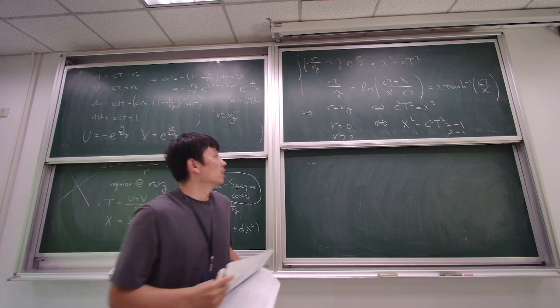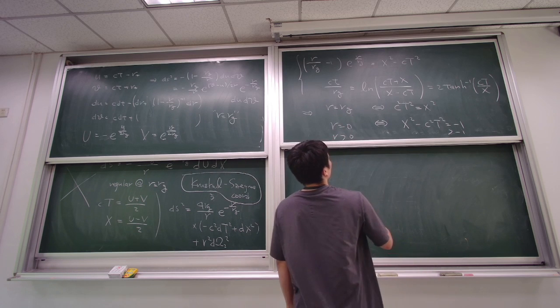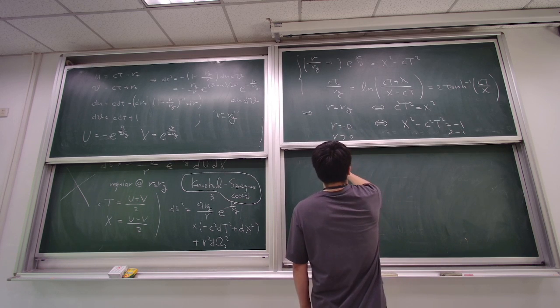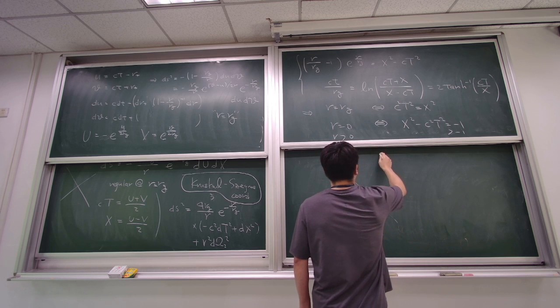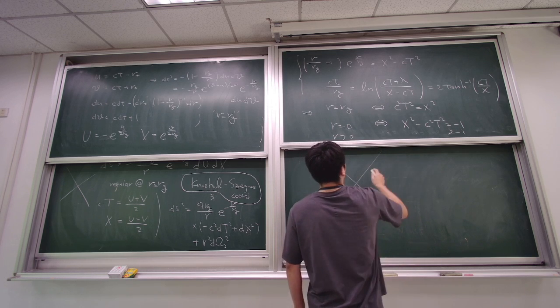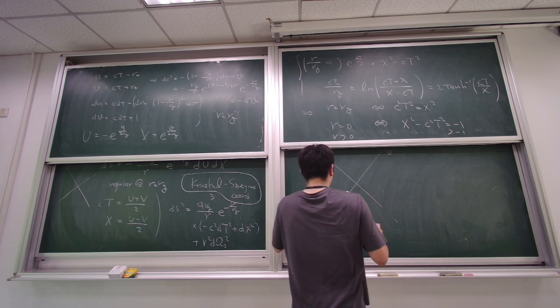Okay, so let's look at the causal structure. When r equal to 0, you have this u and v. I forgot which one is u. This should be u, maybe, and this should be v.